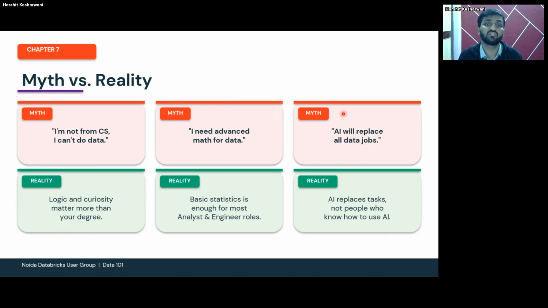The third and most important myth, AI will replace all data jobs. No, never. Because think of AI as a system which is built by data only. How do you think AI will be able to build its own data? Sometimes AI would be able to build the pipelines, but in order to understand what kind of data I need to feed, what kind of fine tuning I need to do, that's not something AI can do.